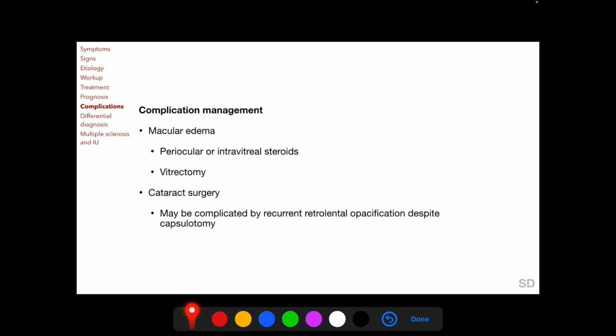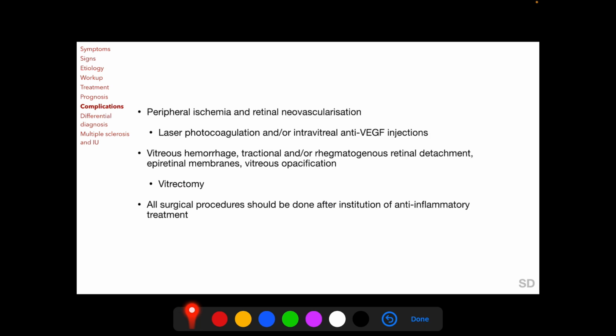Macular edema, as has been mentioned, is treated with periocular or intravitreal steroids, and vitrectomy can be indicated if the macular edema is not responsive to periocular or intravitreal steroids, to remove posterior hyaloid adherent to the macula, if any. Cataract surgery in intermediate uveitis may be complicated by recurrent retrolental opacification despite capsulotomy.